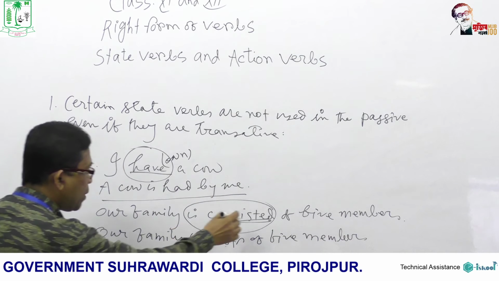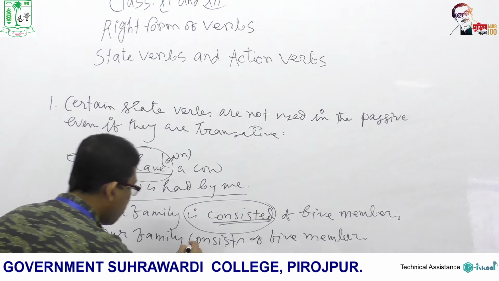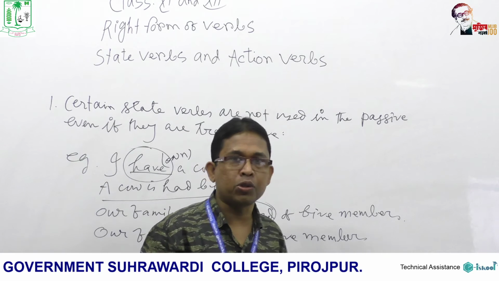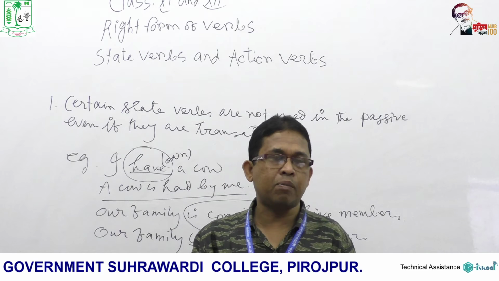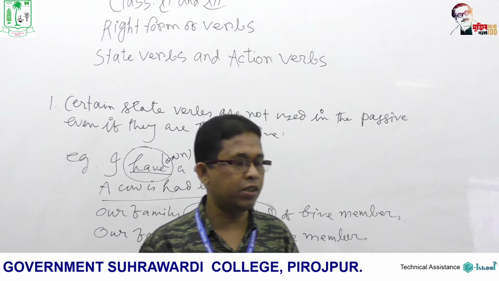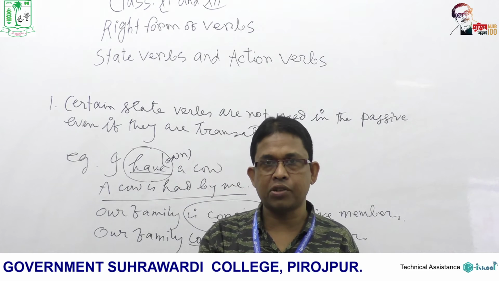Not our family is consisted, this is passive, but our family consists. You should write in this way. So we should remember that certain state verbs cannot be used in passive. If you use them in passive, it will be wrong. So remember it.